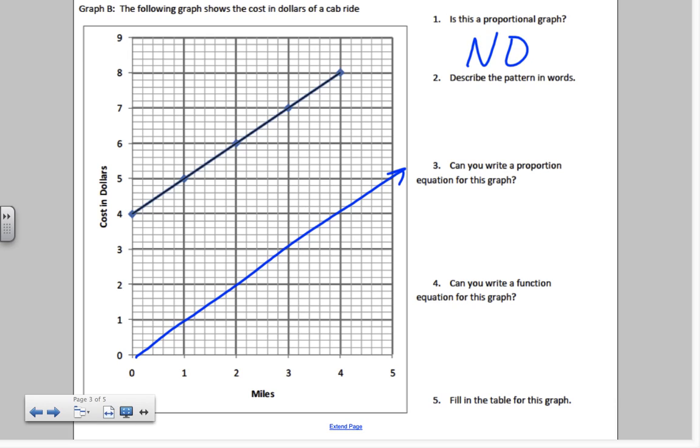What type of lines are those? Lainey? Parallel. Yeah. You know why? Because they have the same constant rate. It's the fact that they start at different places on the y-axis. This starts at 4. Isn't this the y-axis here? This one just starts at 4. This one starts at 0. One is proportional, one is not. But they have the same rate.